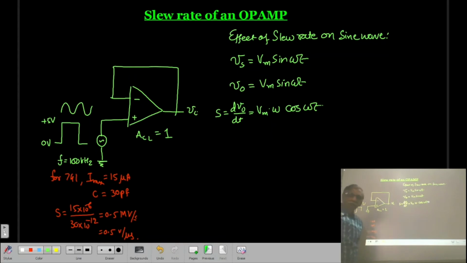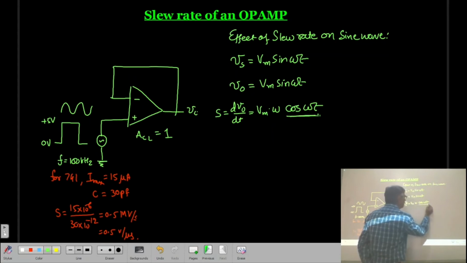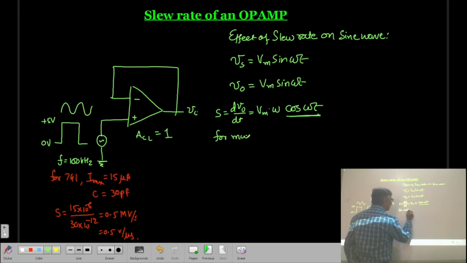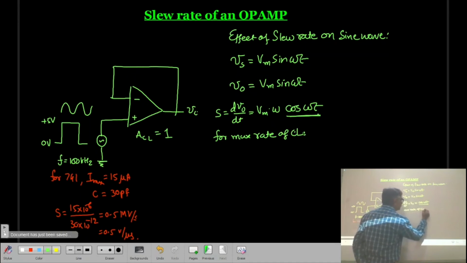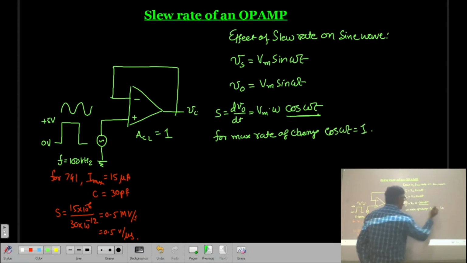But slew rate is defined as the maximum rate of change, and maximum rate of change means you require the maximum value of this, and the maximum value of cos omega t is 1. So for maximum rate of change, cos omega t is equal to 1.